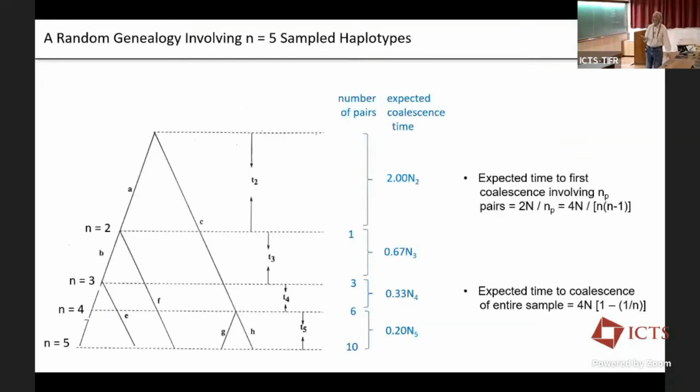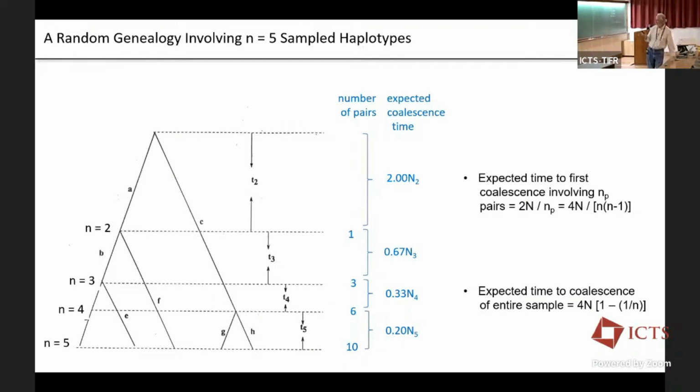So here's the idea. This is just a cartoon version of a random genealogy. You've got 5 sampled haplotypes in the population. And what you're asking is, let's just take random pairs down here. There are 10 random pairs, 5 times 4 divided by 2. How long does it take to go back, if we're just randomly sampling, till we get to a node where they're identical by descent in some sense?